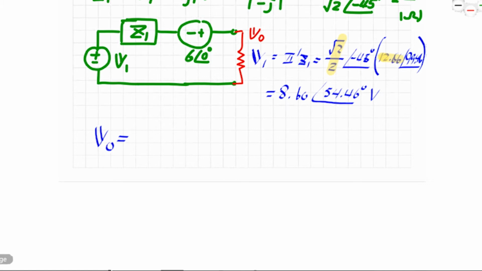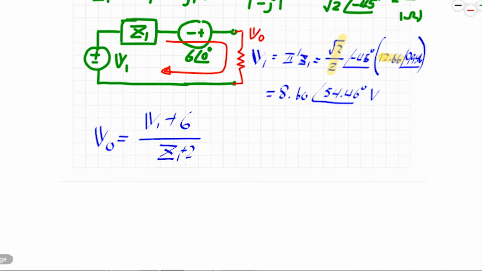And the current going through the entire circuit here is just equal to the total voltage, V1 plus 6, divided by Z1 plus 2.